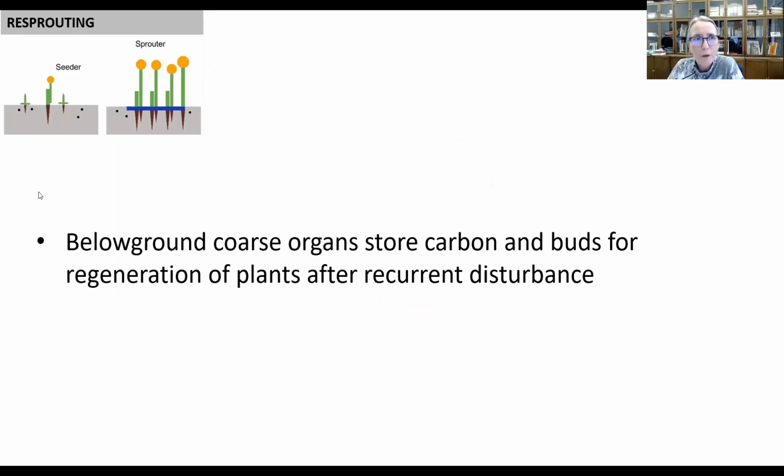Another example is from sprouting. So we know that below ground coarse organs store carbon and buds for regeneration of plants after recurrent disturbance. And it's a question of how they differ along disturbance gradients.